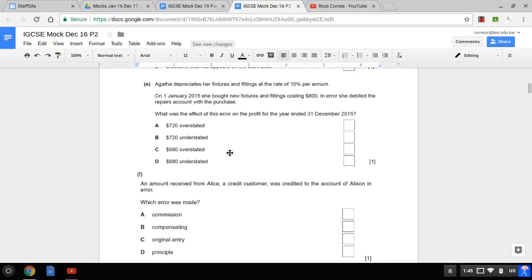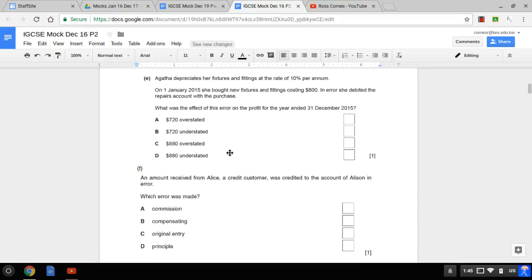And E, Agatha depreciates fixtures and fittings at the rate of 10%. In January, she bought some new fixtures and fittings costing $800. In error, she debited them to the repairs account. So the first thing for that one is that the profit figure should be increased because of the error.